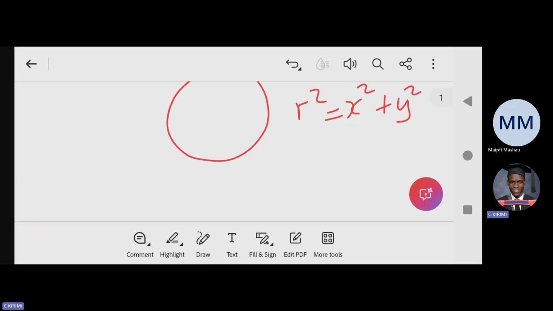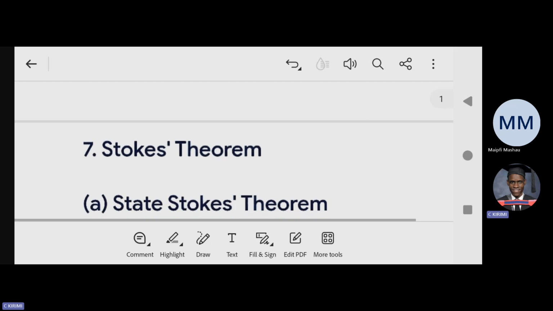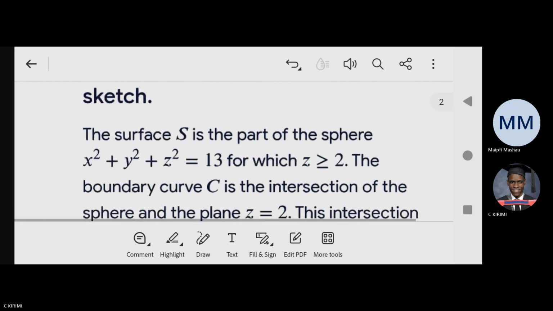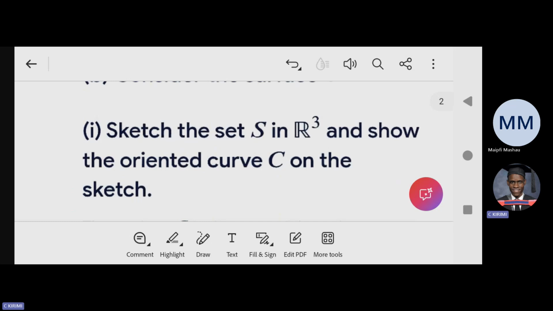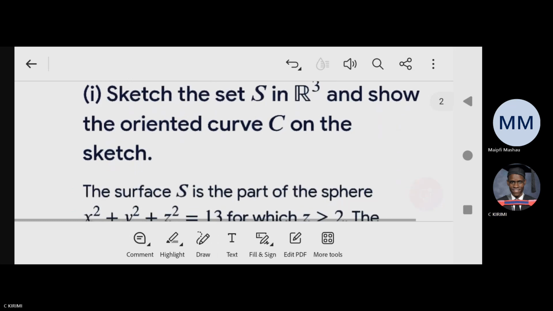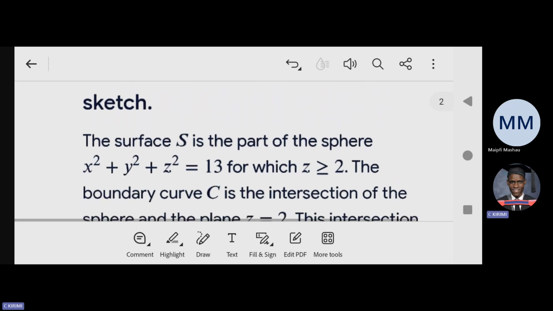So you need to know what this equation represents. So let's start. Sketch the set S in R3 and show the orientation of the curve on the sketch. For example, the surface S is part of a sphere.